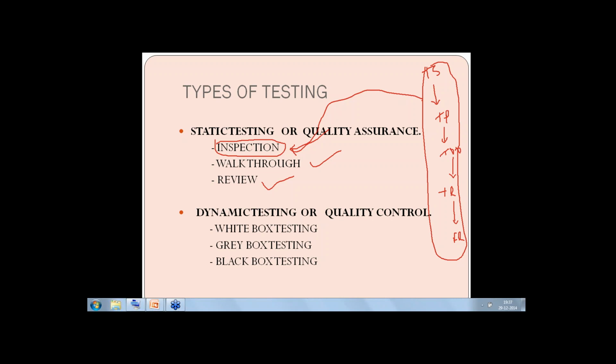Something which has been accepted and written in the document which should not have been there, but was accepted because of the bias of the internal team members. So in order to remove any kind of bias or fault in the documents that you are developing for testing, you call a third-party inspection company.